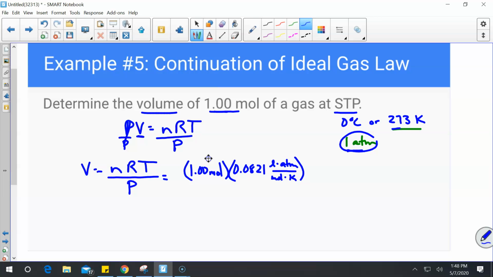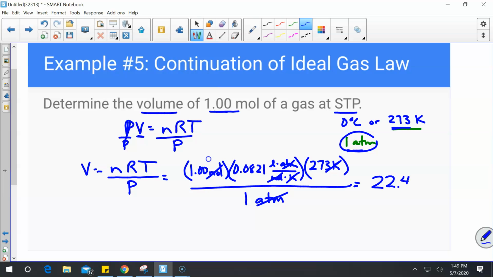And then the temperature is 273 because it's 0 degrees Celsius, over 1 atm. Atmospheres cancel, moles cancel, Kelvins cancel, I'm left with liters. Doing my math, this comes out to be 22.4 liters per mole.